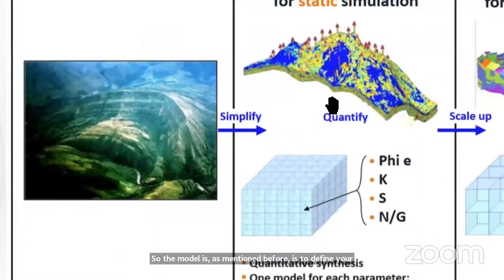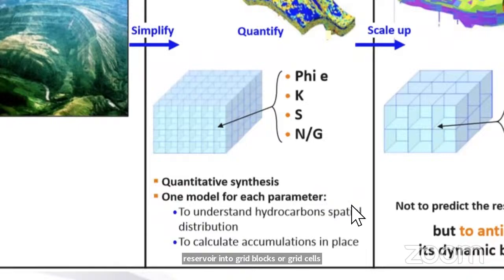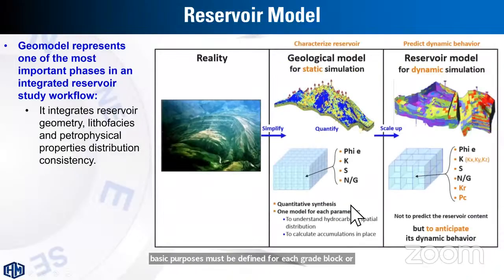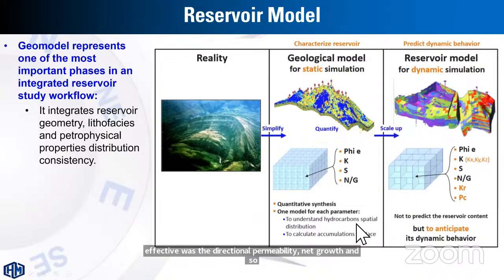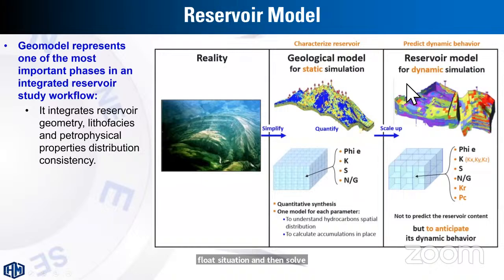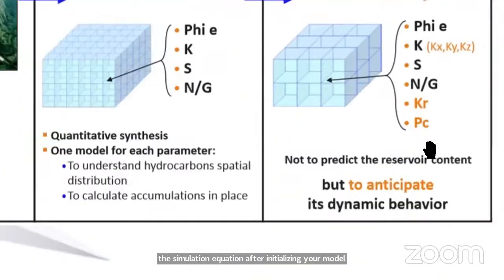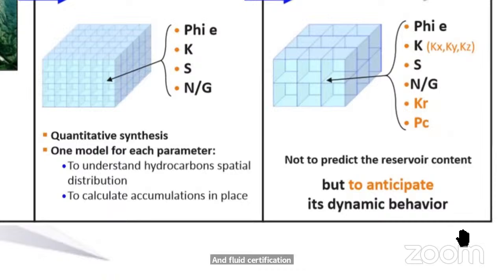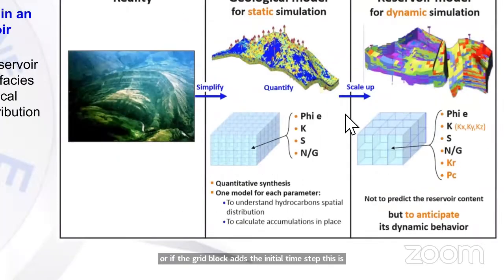Basic properties must be defined for each grid block or grid cell, like porosity, effective porosity, directional permeability, net to gross, and so on, fluid saturation, and then solve the simulation equation after initializing your model. In that case, rock physics data like relative permeability and capillary pressure data must be defined to initialize the pressure and fluid saturation for every grid block at the initial time step. This is simply the process of simulation model initialization.